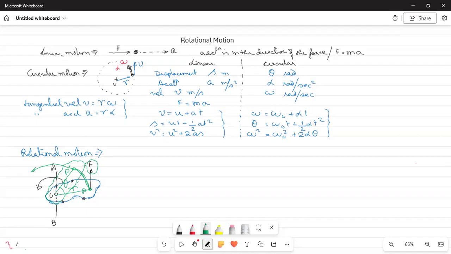The angular velocity is its after effect, the angular acceleration is its after effect. But what is the relation between this force and this angular acceleration? We have not yet seen. In the rotational motion, let us investigate a little bit more into this.